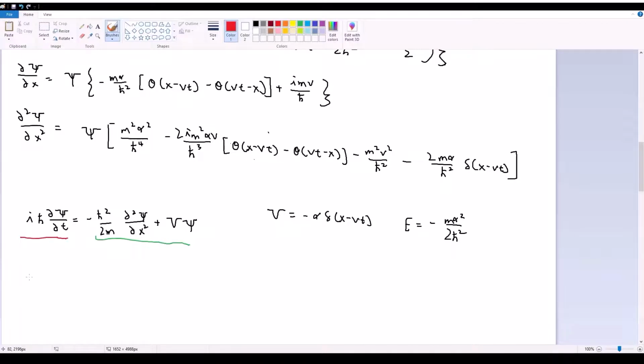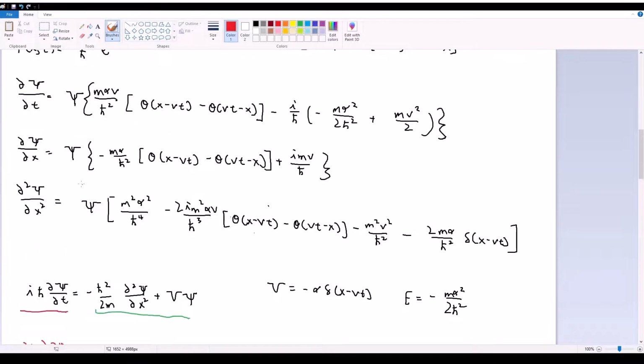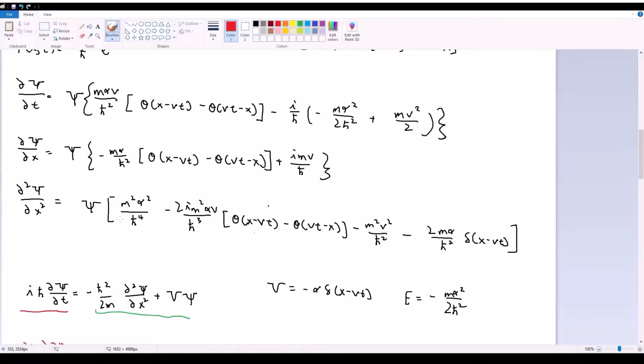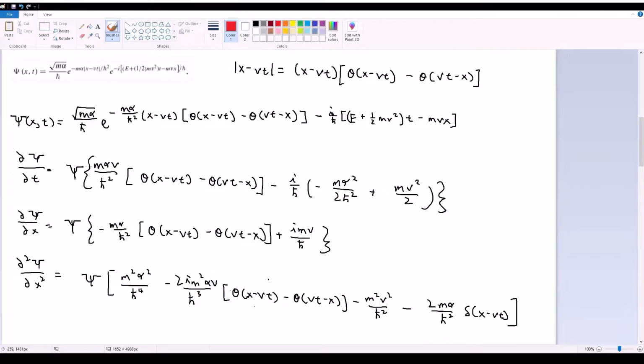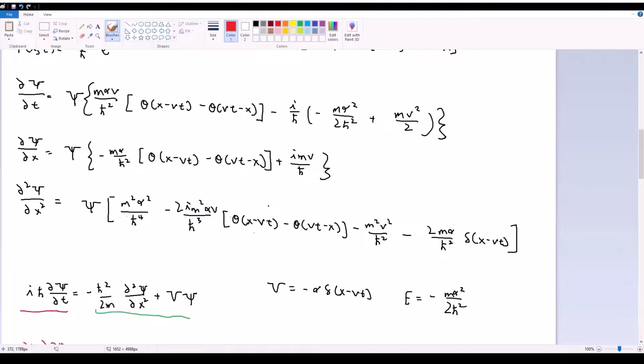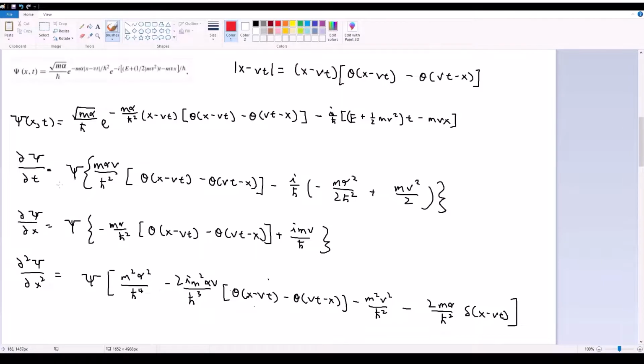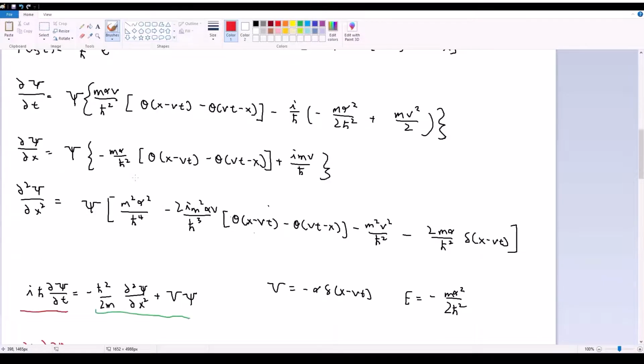So we have i h bar d psi by dt, which is going to equal i h bar times, as we have up here, psi. And actually, we can just get rid of the psi completely because we know that both sides are going to have exactly a factor of psi at the front distributed out, so we can ignore that altogether. So we have i h bar times m alpha v over h bar squared, yeah.